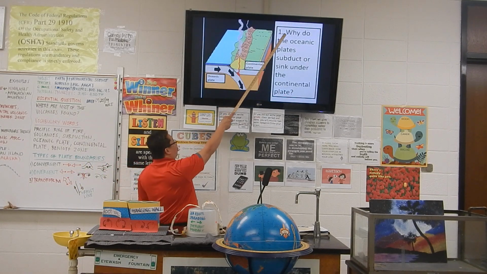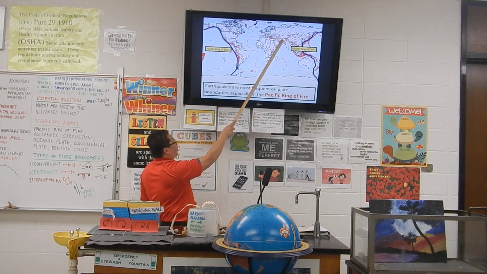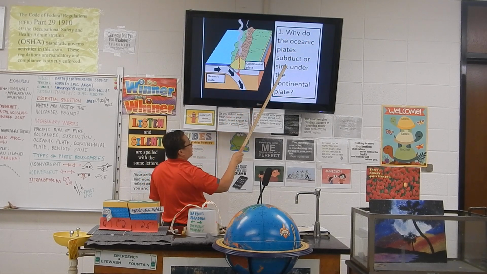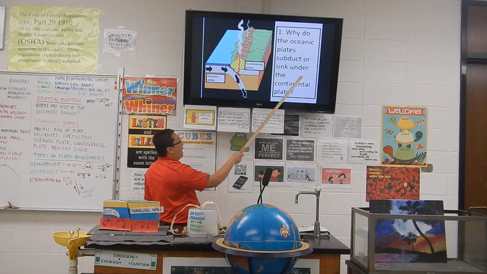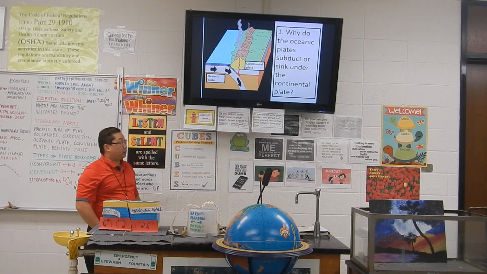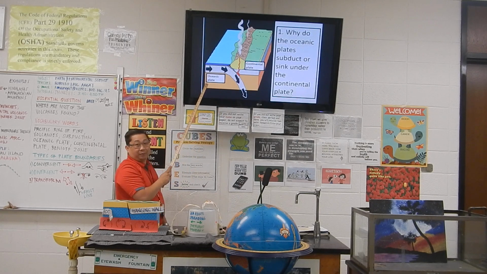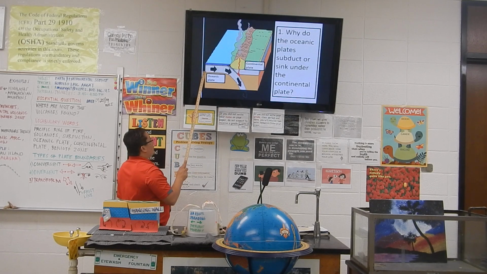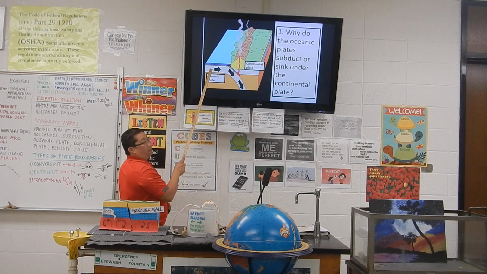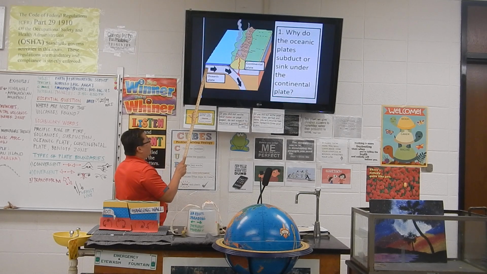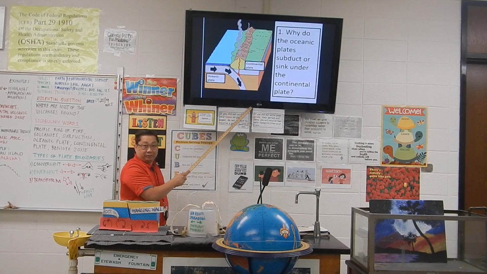We have question number 1 for our assessment probe. Why do the oceanic plates subduct or sink under the continental plate? So we have the continental plate here, we have the oceanic plate here. The oceanic plate is made up mostly of basalt rocks, and because of that, it is a lot denser.